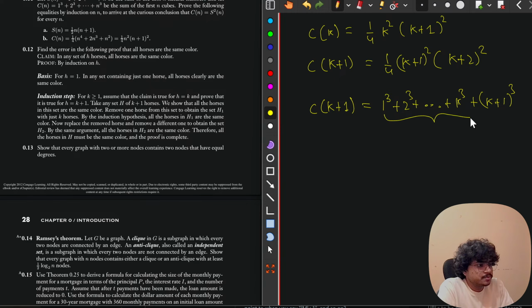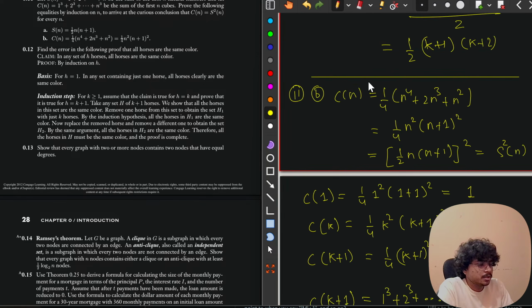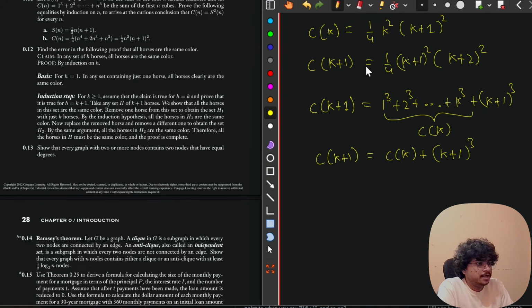And this part is precisely equal to C(k). So C(k plus 1) is equal to C(k) plus k plus 1 cubed. C(k) is equal to that part, 1 by 4 k squared k plus 1 squared plus k plus 1 cubed.